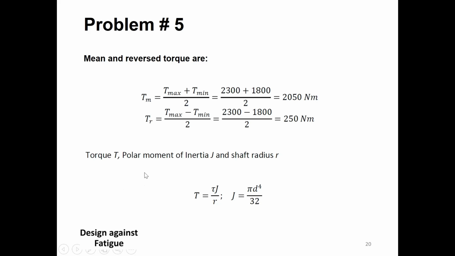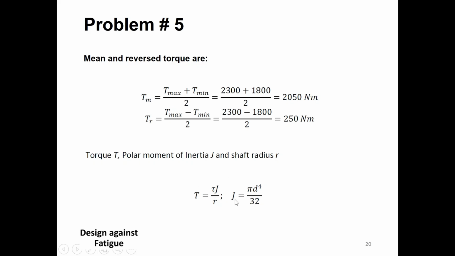The shaft here is subjected to torque or torsional moment. So the torque and the polar moment of inertia J and the shear stress due to torsion are related by this equation: the torque T is equal to the shear stress due to torsion multiplied by J over R. And we'll understand in a moment how we can use this equation.